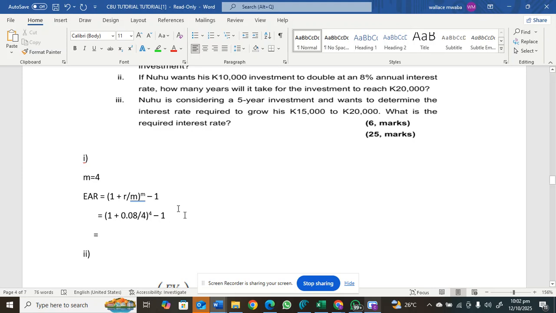So we're going to do 0.08 divided by 4. That should be 0.02. Let's get my calculator to confirm this. 0.08 divided by 4, 0.02. So here we have 1 plus 0.02. That gives us 1.02 to the power 4.